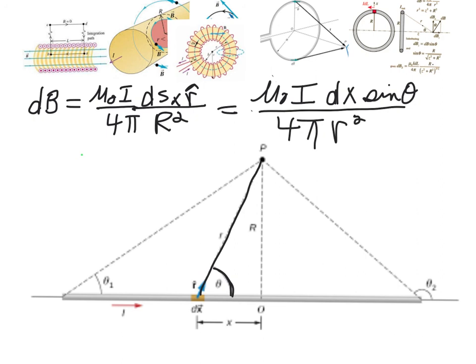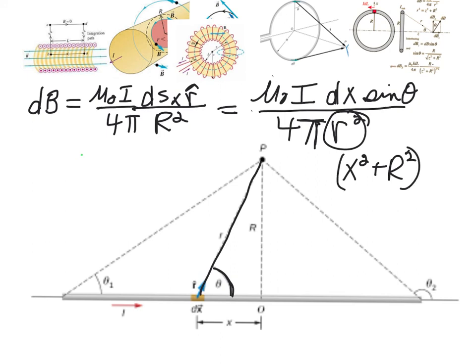And then if you look at the solution, they do a trig substitution so that it's integrated over an angle. But if you look at textbooks or on the internet, we can also write this r in terms of x. This r would be x squared plus r squared if you look at the figure.